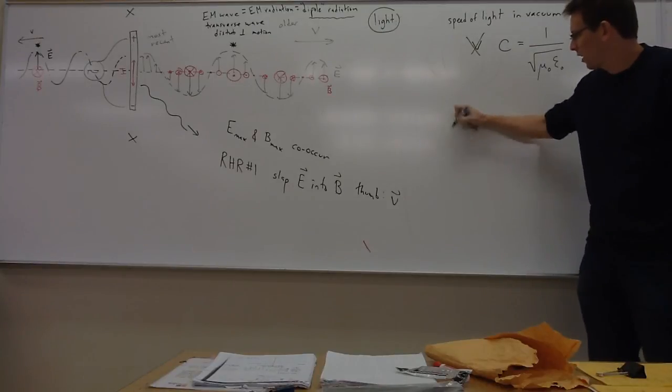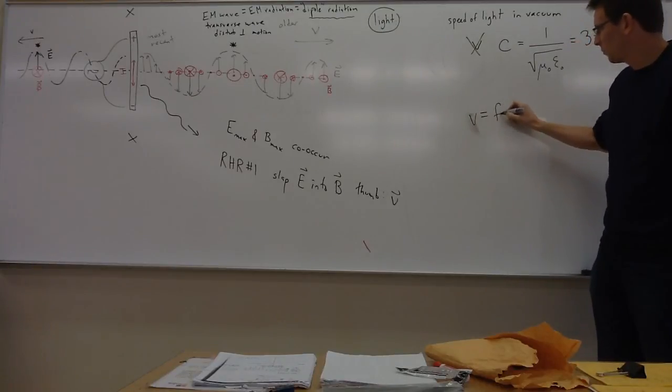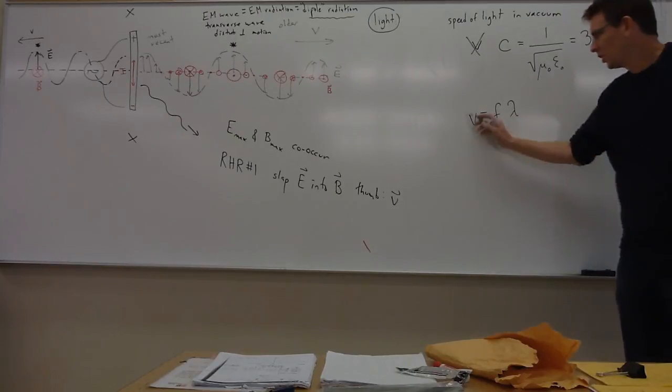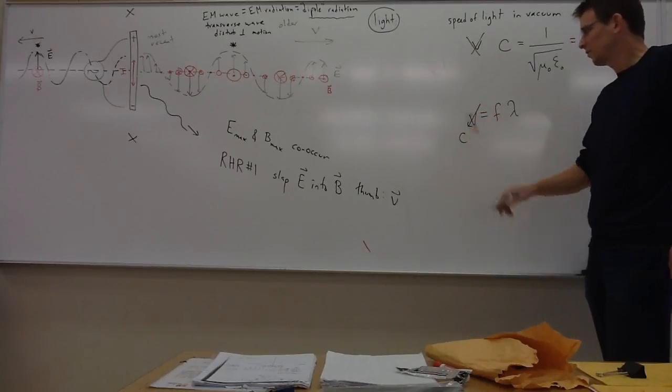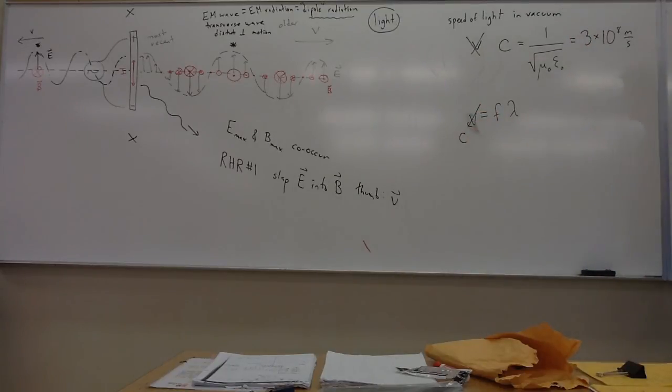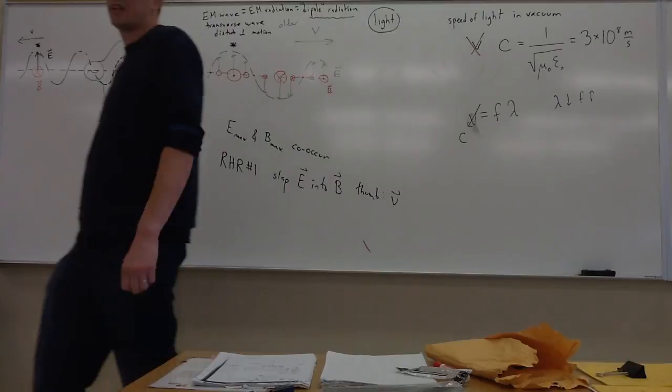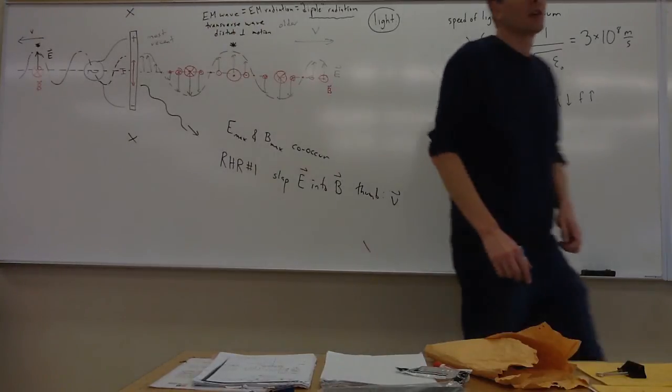So let me remind you of our good friend from Physics 1, which relates the speed of a wave to its frequency and wavelength. So in our case, C is a fixed value. And I want to remind you that if you go to a lower wavelength, you'll go to a higher frequency. So this is just a mathematical way of encapsulating the following.